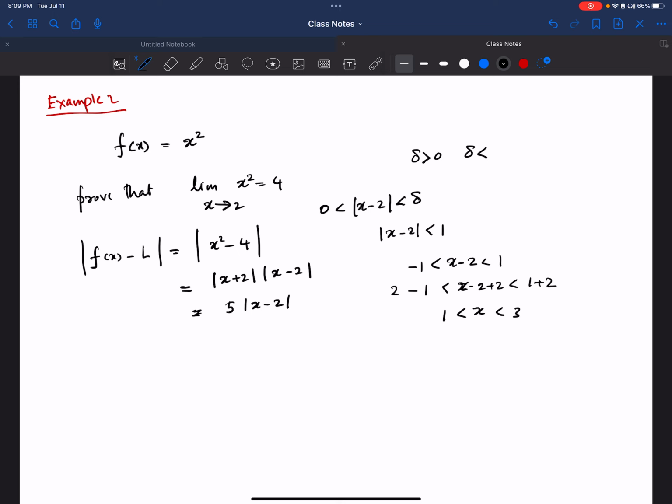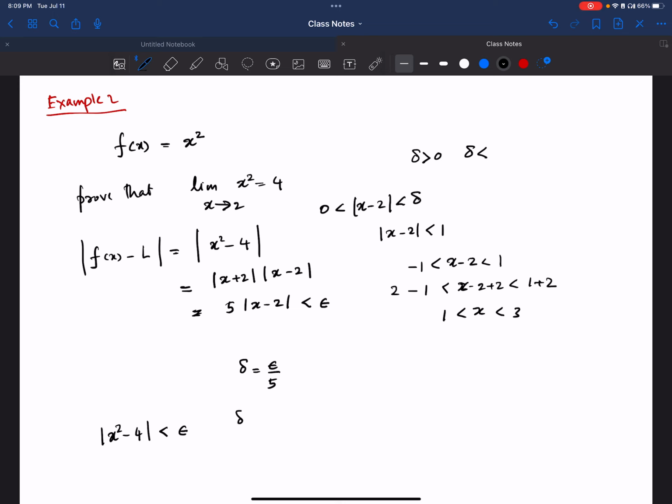Okay. So if that is less than epsilon, that means if we choose delta equals epsilon over 5, we can satisfy this. So that means you get x squared minus 4 less than epsilon for any epsilon greater than 0.